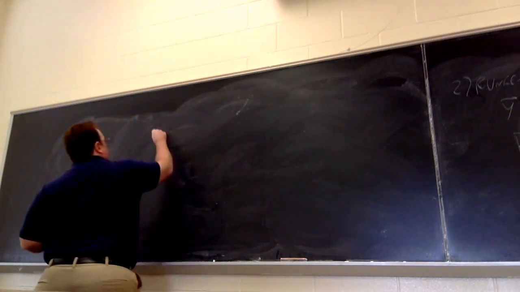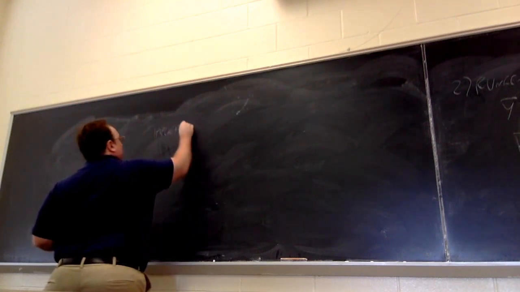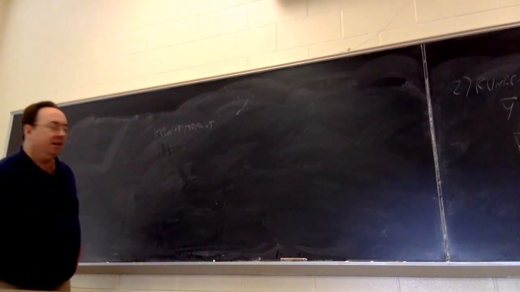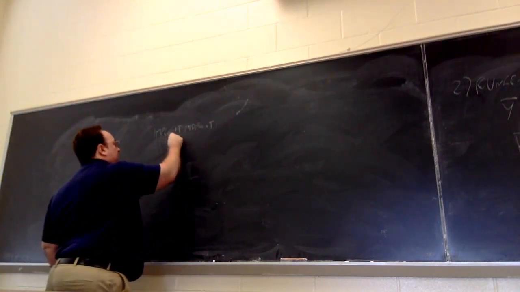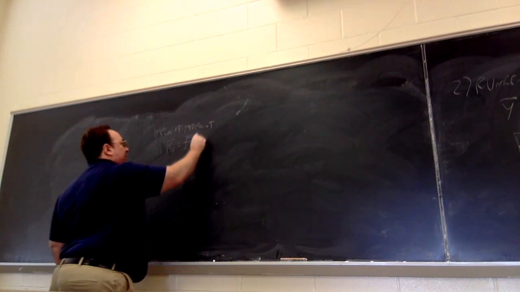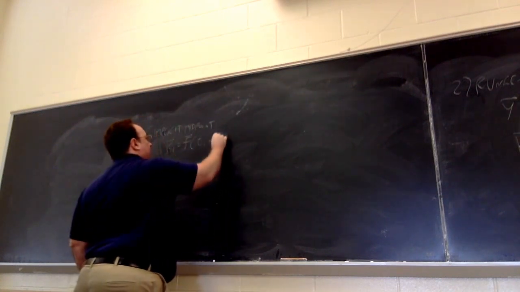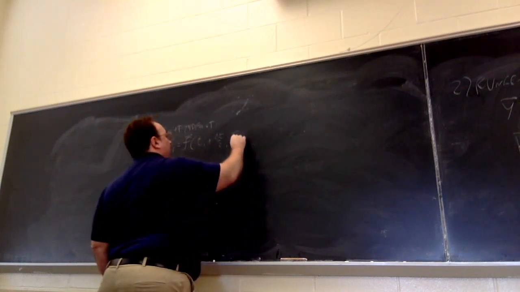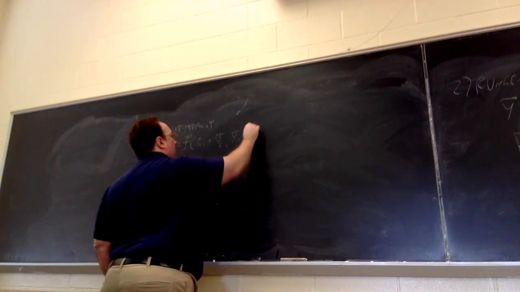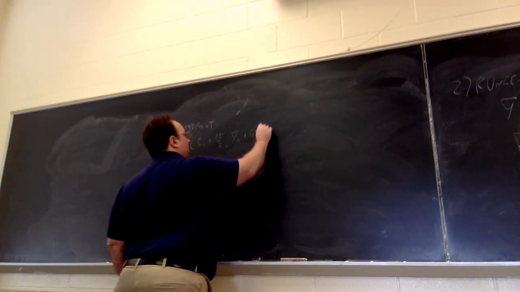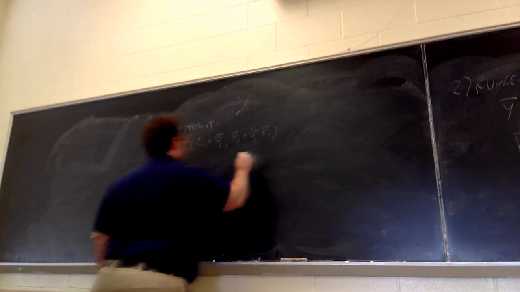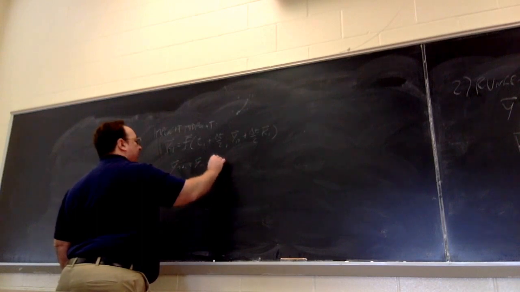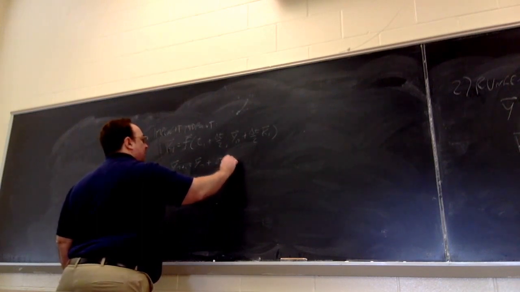For example, the implicit midpoint method has K1 similar to K2 in explicit midpoint, same time value, and it looks like it's the same y value also. And then you just have y n plus 1 is equal to y n plus delta t K1.